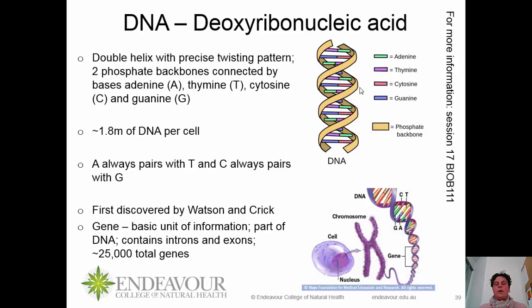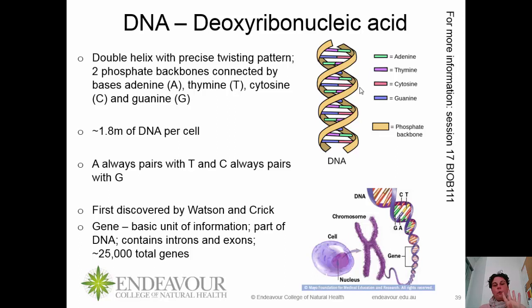Now, the nucleus contains something we call DNA, or deoxyribonucleic acid. DNA itself is a double helix. What does that mean? It has two backbones that are linked together by something we call base pairs.